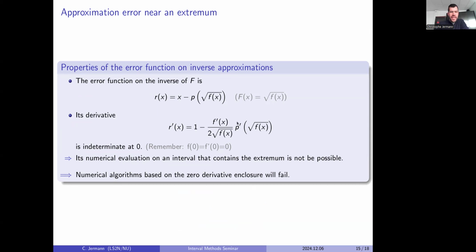In the generic case, this derivative is indeterminate at 0 because of our extremum. So f of 0 is equal to 0, and also the derivative is equal to 0. The numerical evaluation on an interval that contains this extremum will not be possible or will not bring any useful outcome. And any algorithm based on a numerical enclosure of the zeros of the derivative will fail.